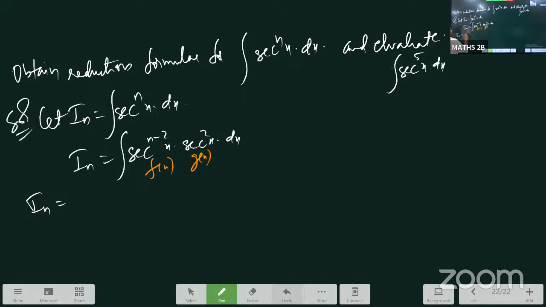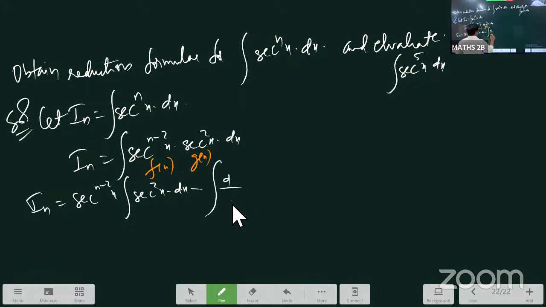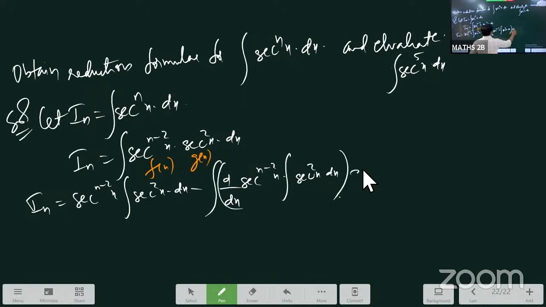Now f of x into g of x: secant to the power n minus 2 x into integration of secant square x dx, minus integration of d by dx of secant power n minus 2 x into integration of secant square x dx, its whole dx, plus c.